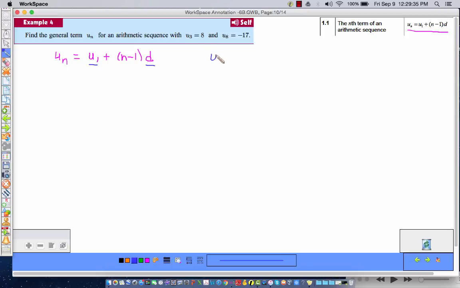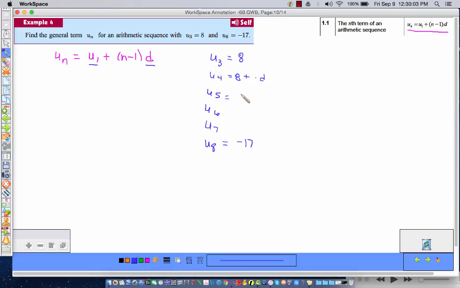But I do have u sub 3 is equal to 8. Then I have u sub 4, u sub 5, u sub 6, u sub 7, and u sub 8. And I know that u sub 8 is equal to negative 17. Well, to get the next term, don't I just add d? So this equals 8 plus d.